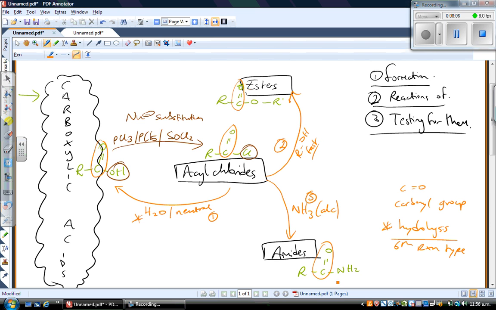The fourth type of reaction on acyl chlorides is to use a primary or secondary amine. So primary or secondary amine will also form an amide. So there are your 4 reactions in acyl chlorides. And we actually performed each one of those as demonstrations during class.